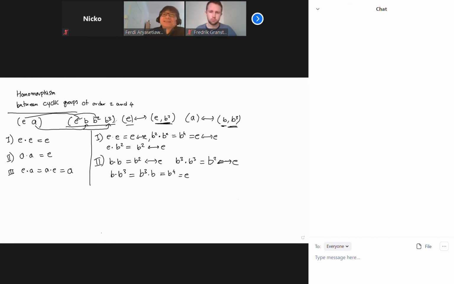For example, if you take B squared multiplied by B cubed, the result should be in A. So B to the fifth is equal to B, which is in A.